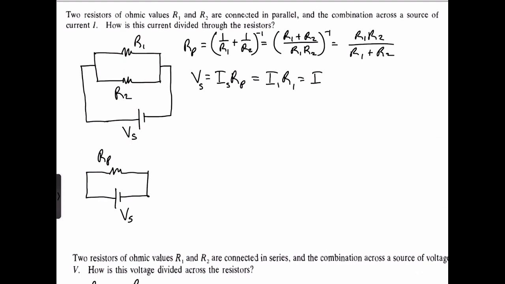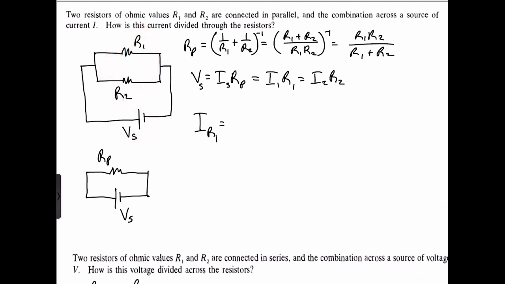And that's the same for I2 times R2, which is the voltage across R2. From those, we can then derive the current through R1, which is equal to the voltage VS, the total voltage, because each resistor sees the same voltage as the source.